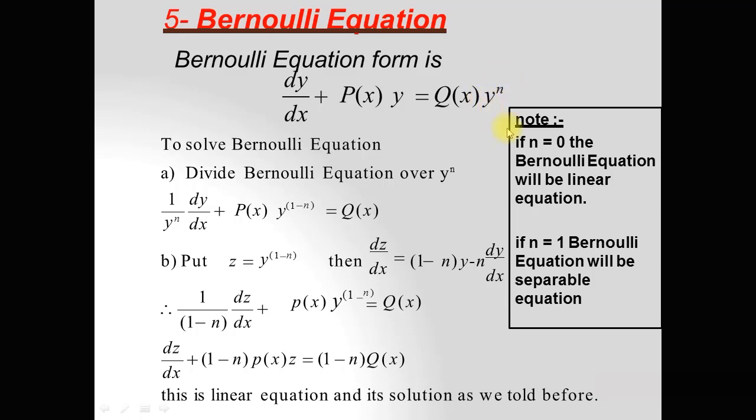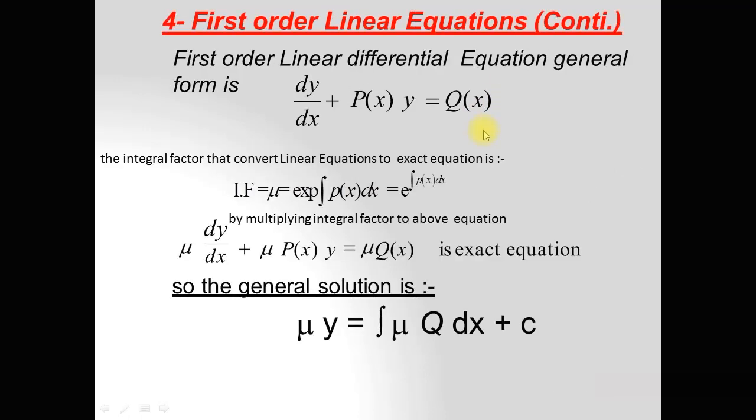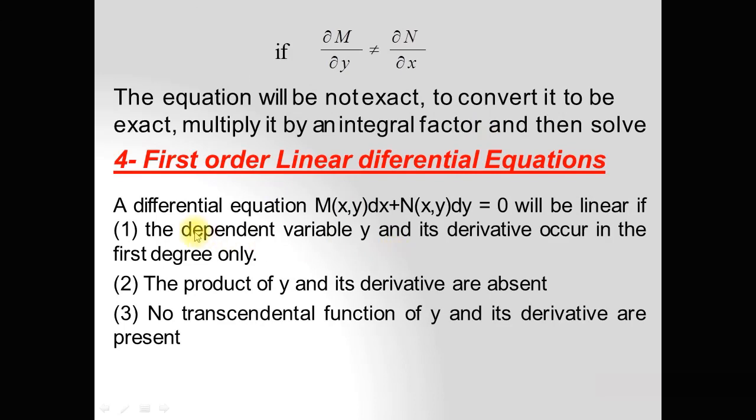If we put n equal to 0, then this Bernoulli equation will be a linear equation. Since we have already discussed for the linear equation that the degree of the dependent variable will be 1, like in the previous slide, the dependent variable y and its derivative occur in the first degree only.